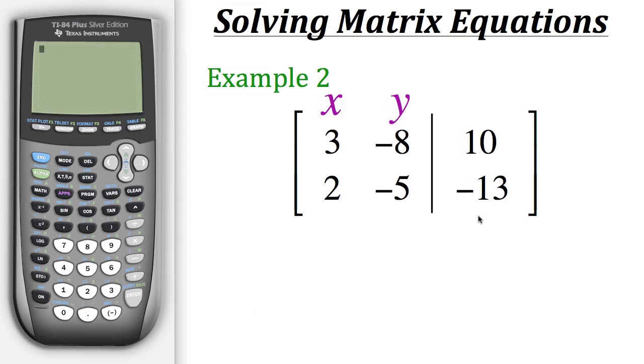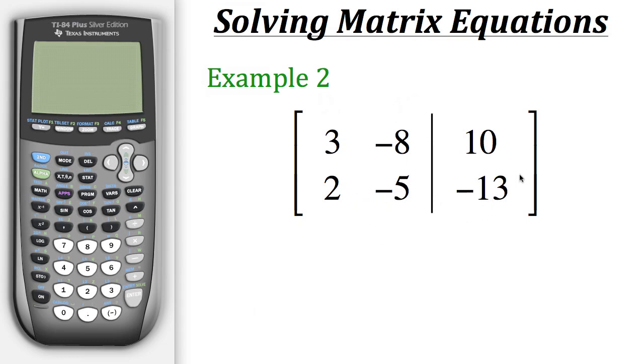And then the third column gives us our resulting constant values. So when you look at this, you could think of it as 3x minus 8y equals 10, and 2x minus 5y equals negative 13. So you could think of this bar as like an equals sign.